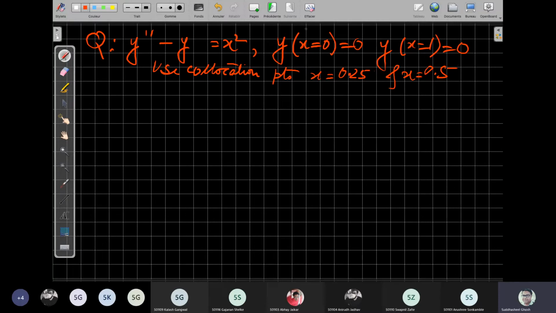So first step, of course, you remember that in the answer, what is the first step you have to take? The first step is assume y equals to cubic polynomial.